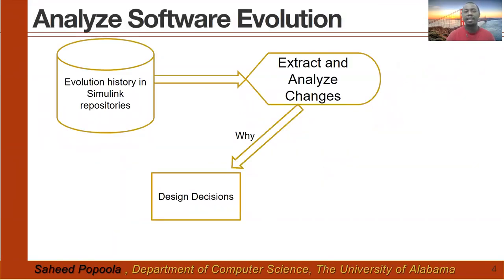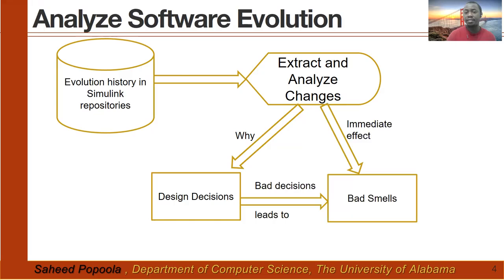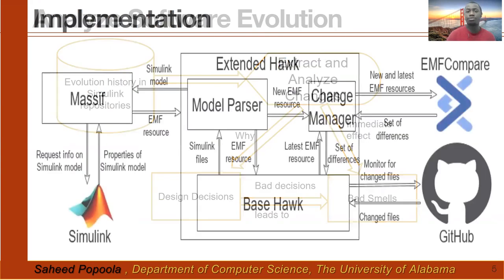I do this by going through the evolution history in Simulink repositories. I extract that evolution history, get the changes between versions, then analyze those changes to understand why the changes were made and the immediate impact of those changes. My talk will focus mostly on two points: why the changes were made in the form of design decisions, and the immediate impact of such changes in the form of bad smells.